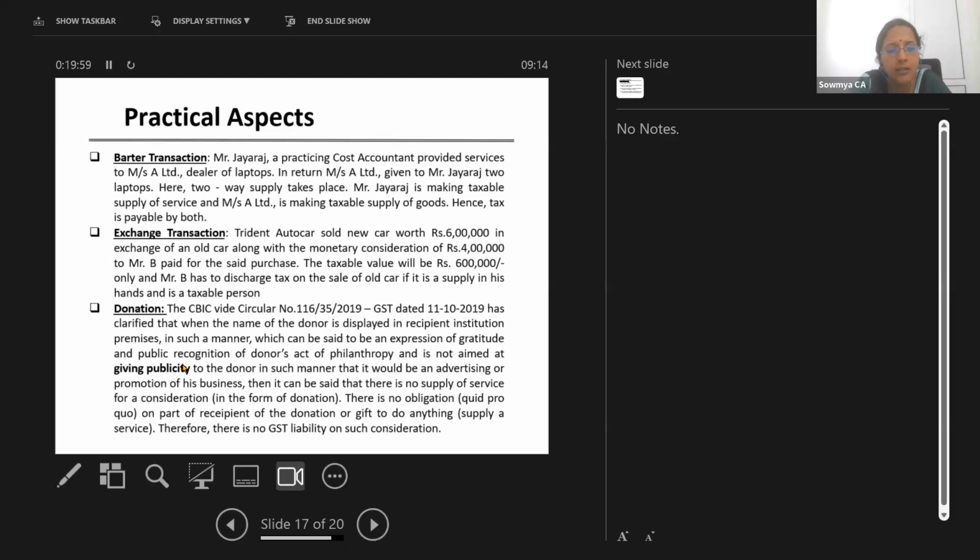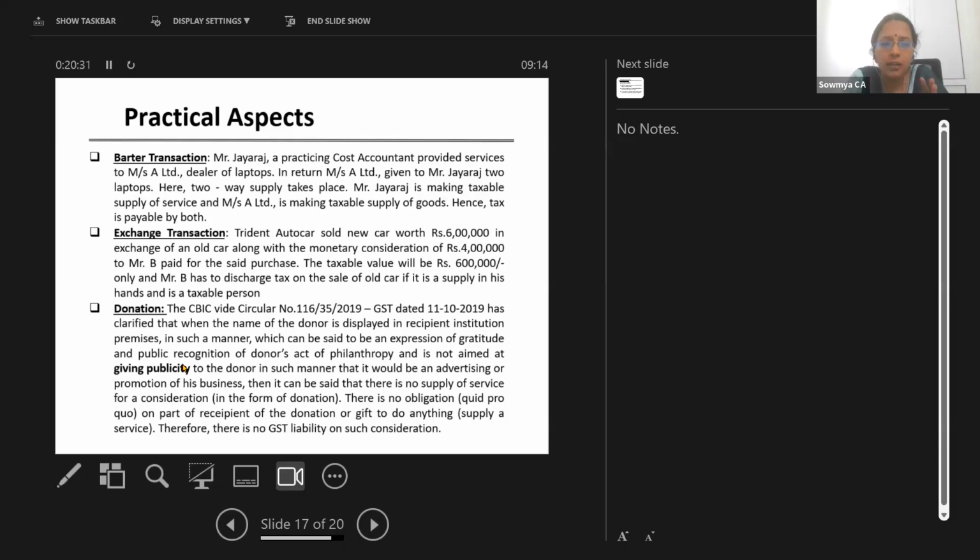So in this case, Trident Auto sold a new car worth rupees 6 lakhs in exchange of an old car, along with monetary consideration of rupees 4 lakhs to Mr. B for the said purchase. The taxable value will be what? The cost of the new car is 6 lakhs, but Mr. B is giving his old car back, and additionally he is giving a valuable consideration of 4 lakhs in cash.